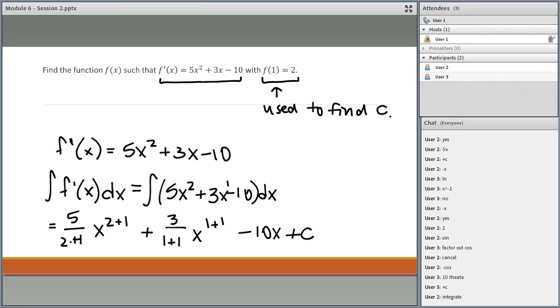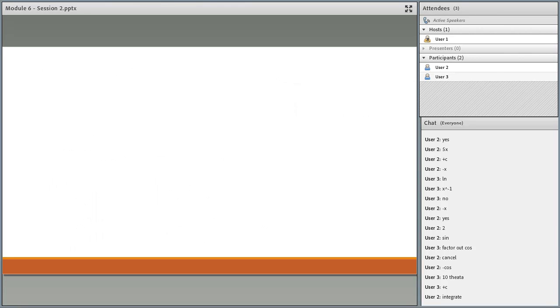So again, you could have gone right to 5 over 3x to the third plus 3 over 2x squared, and then minus 10x if you wanted to. I just wanted to write out the steps so that we know where they came from. So we have 5 over 3x to the third plus 3 halves x squared minus 10x plus a constant. So once we integrated, we got 5 over 3 x to the third plus 3 over 2 x squared minus 10x plus some potential constant.